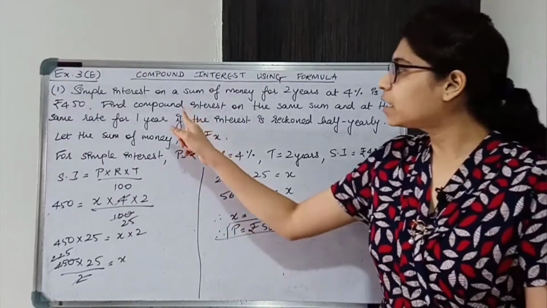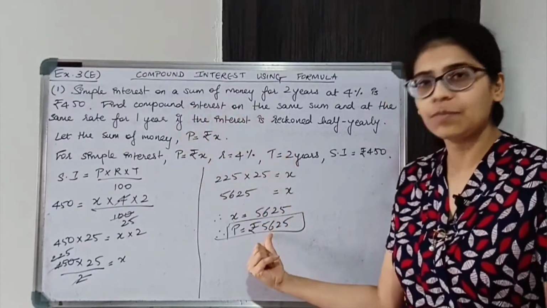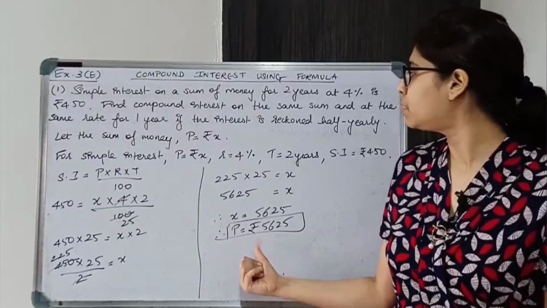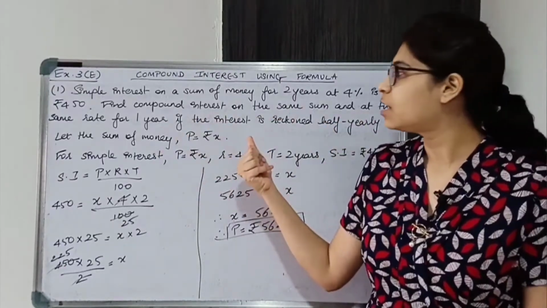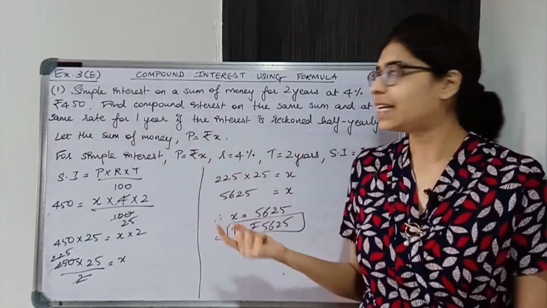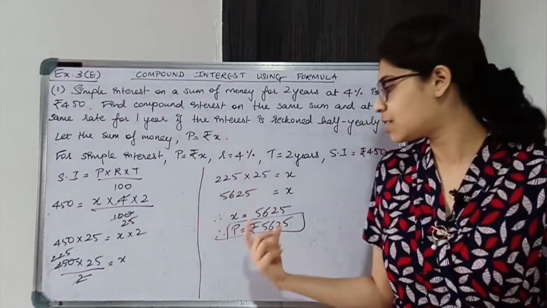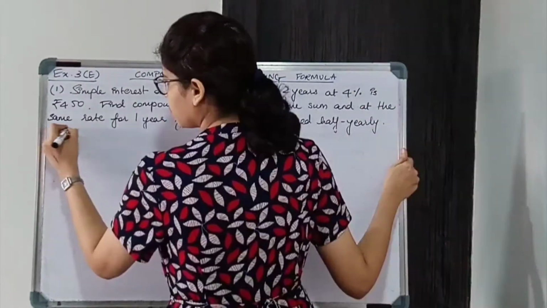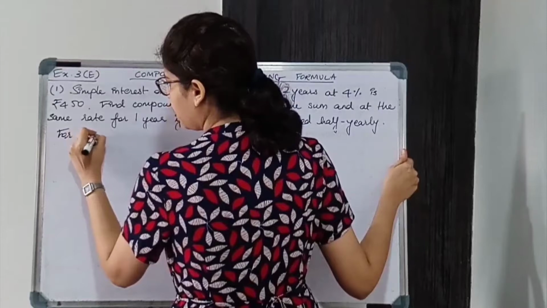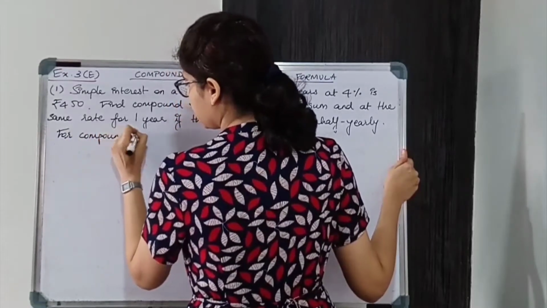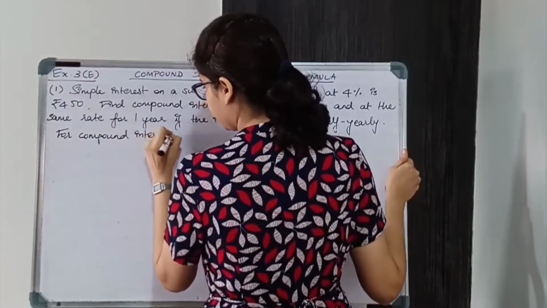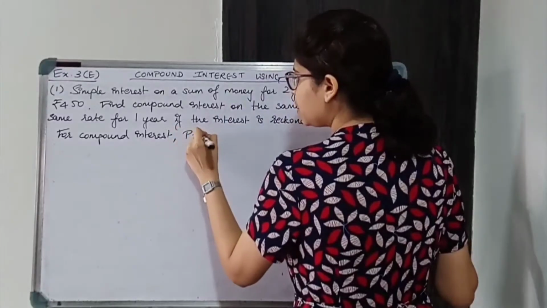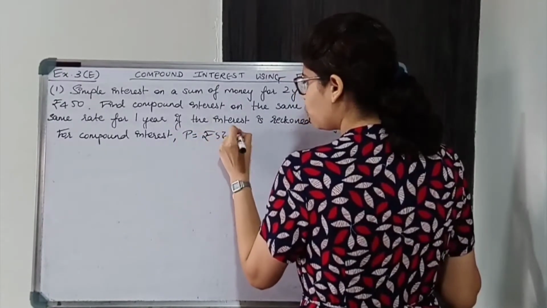Now we need to find the compound interest on the same sum, that is the same principal, for the given conditions. So R is 4%, N is 1 year, and this is the principal. For compound interest, the principal is the same, 5625.